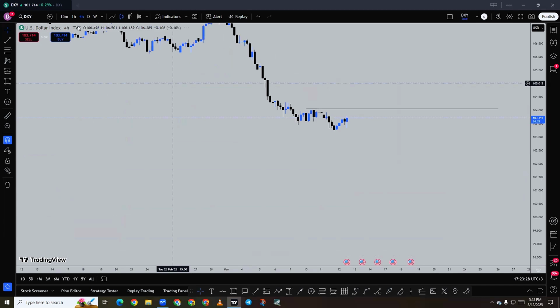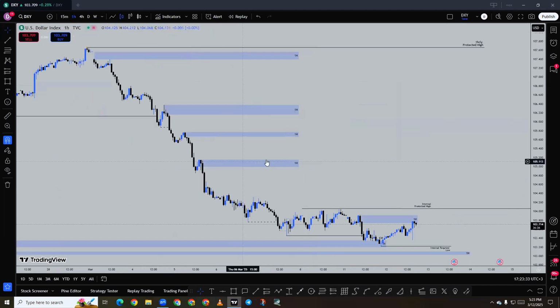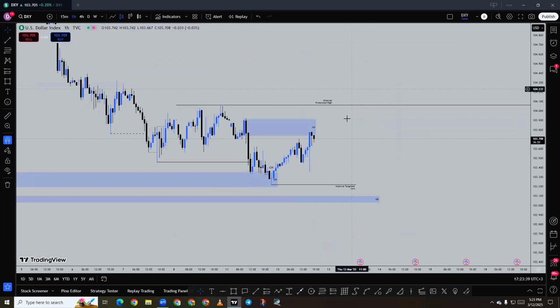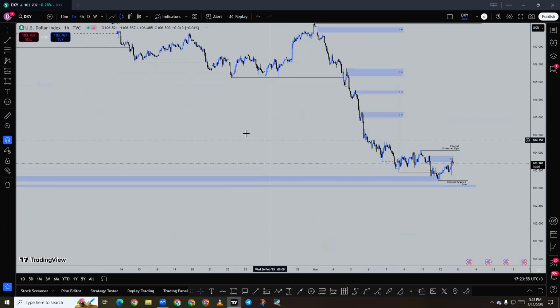So let's just move on to the 1 hour. Nowadays, I'm not looking at the 4 hours. As you can see, this is the 1 hour, and the 1 hour has been quite bearish.